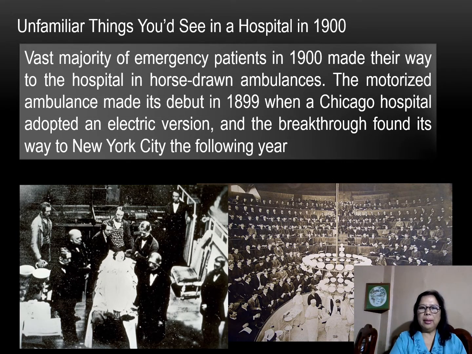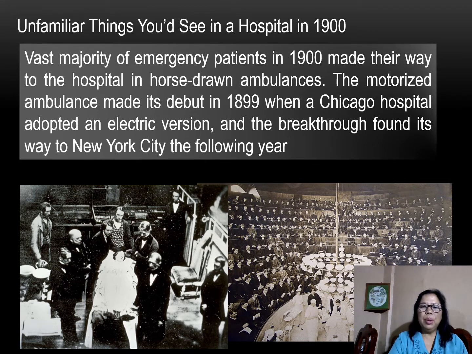These are unfamiliar things that could be seen as an ordinary thing during the early period of medicine. The vast majority of emergency patients in 1900 made their way to the hospital in horse-drawn ambulances.